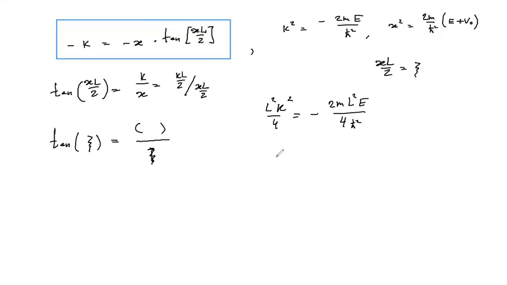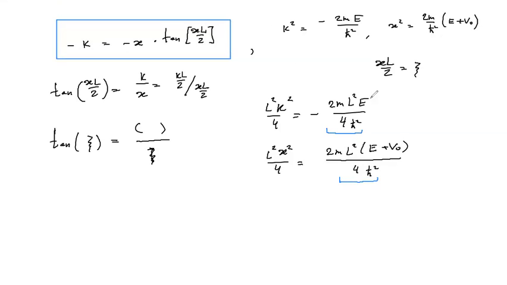And I'll do the same here: L square kappa square over 4 would be equal to positive 2m L square, energy plus V naught, over 4 h bar square. So I'll compare them, and what I'm going to see is that the part with energy is identical. Can you see that this part with energy, they are similar?